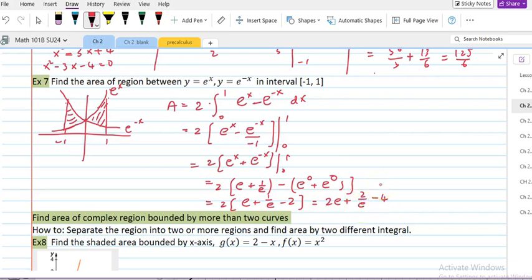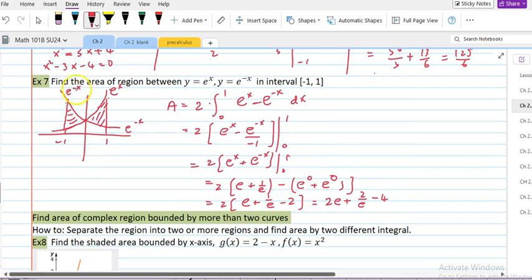So that's the exact value. Let me check with the calculator. Yes, that's the right answer. You can use your calculator to check the exact value. Now, I want to talk about if you are to do two separate integrals. You can see that from the left-hand side, e to the negative x is on top, but e to the x is on the bottom.